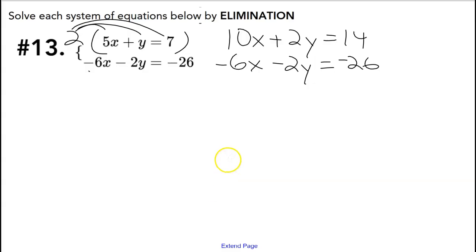So the term that eliminates here is the y term. 2 plus a negative 2 is 0. So it cancels out. And what's left over is 10 minus 6, which is 4x. 14 minus 26. Different signs find the difference. 26 minus 14 is 12. And we're going to keep it negative because the 26 is bigger.